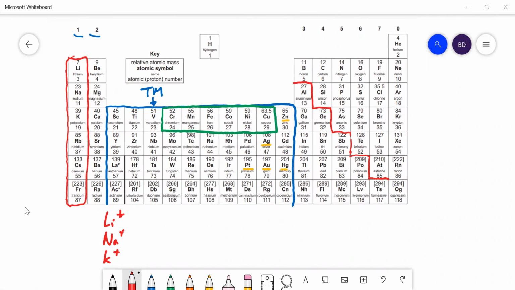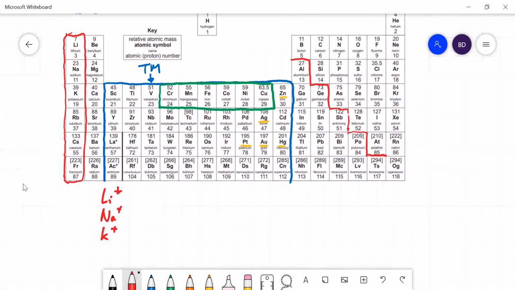Right, so that's where things can be a little bit different, because chromium usually forms 3+ ions, but it can also form Cr2+. Manganese most of the time forms 2+ ions in its compounds. Iron forms a lot of 2+ compounds and a lot of 3+ compounds as well.